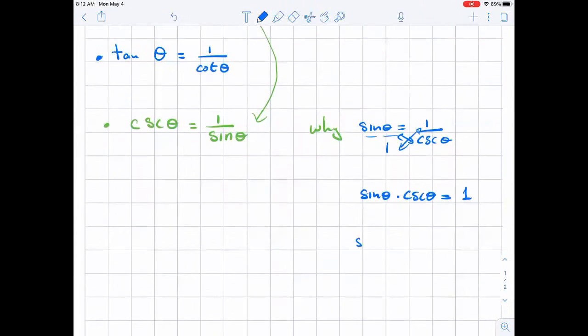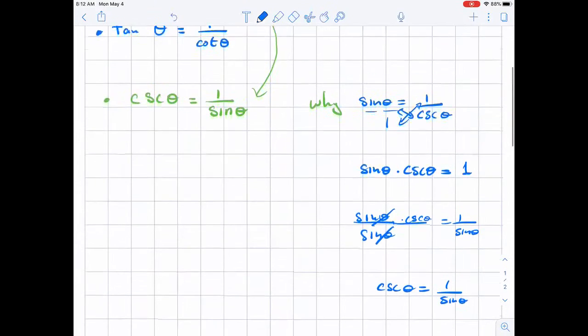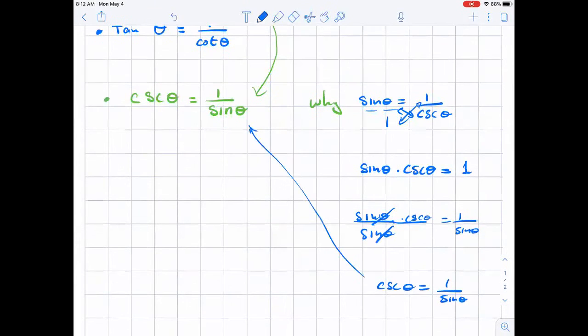And then if you divide both sides by sine of theta, this will cancel with this. You will see that cosecant of theta is equal to 1 over sine of theta. Right? So that's the same thing I have there.